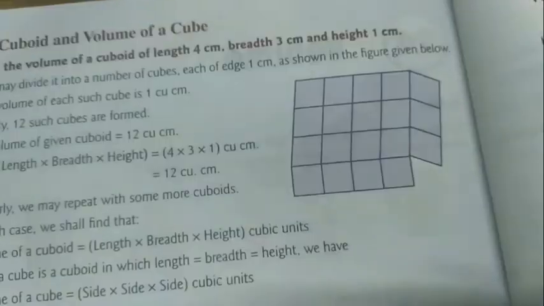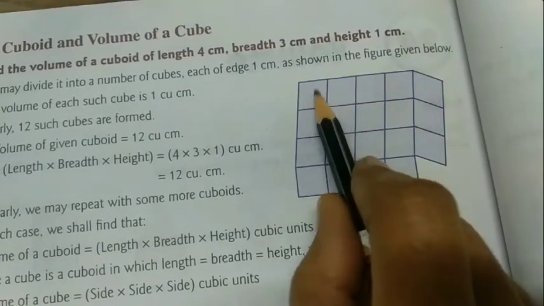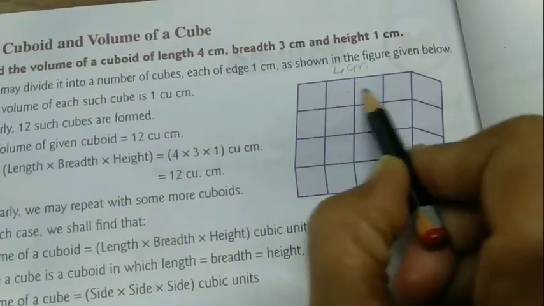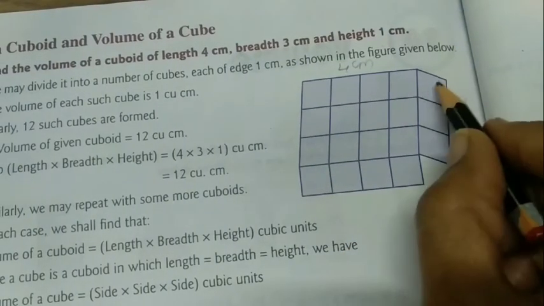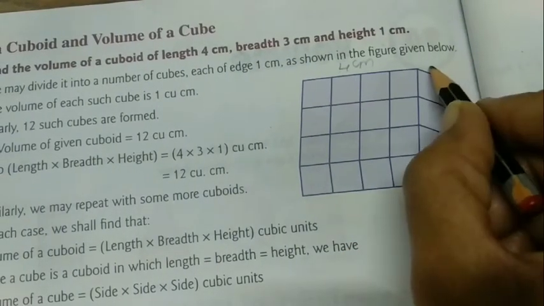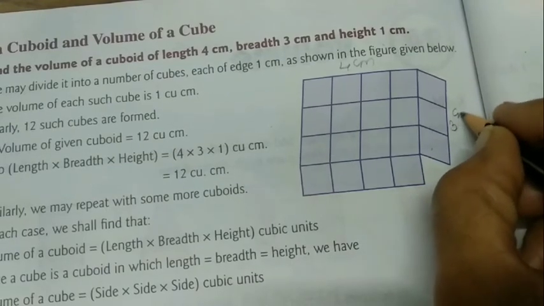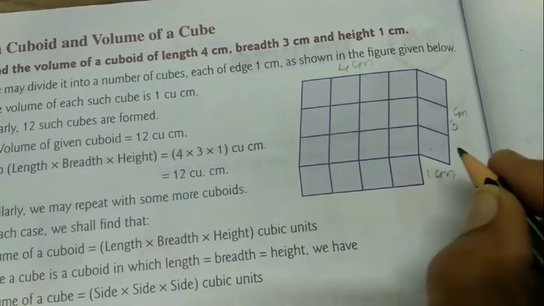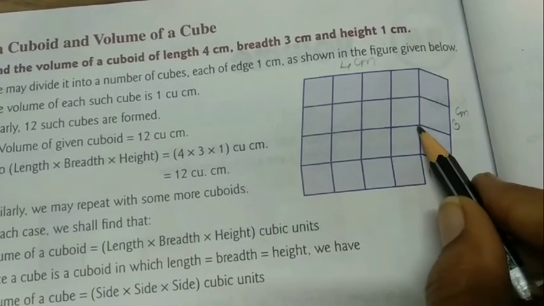See, this is the length, so it is 4 cm. It is divided into small squares like this. Breadth is 3 cm. And this is your 1 cm height. So each one is divided into 1 cm cubes.